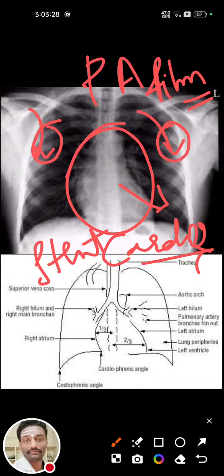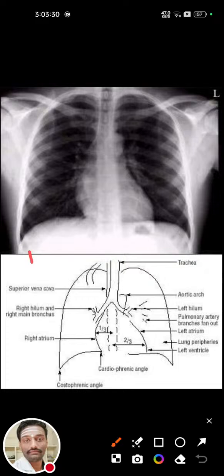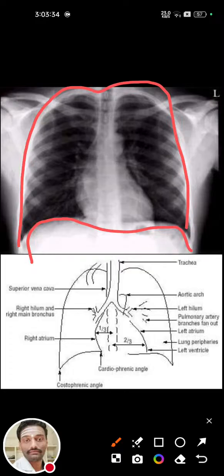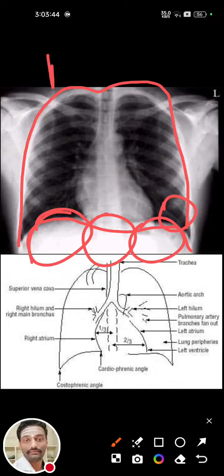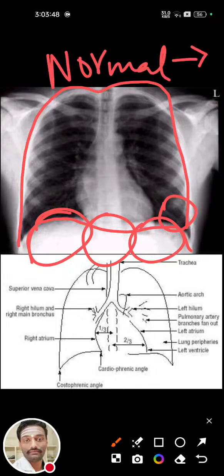Next, we should observe the pleural line and pleural alignment: no pleural effusion, no pleural thickening, no case of pneumothorax. We should check this immediately when you get a first-time X-ray report.